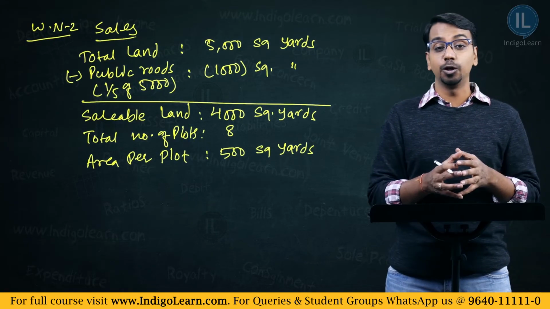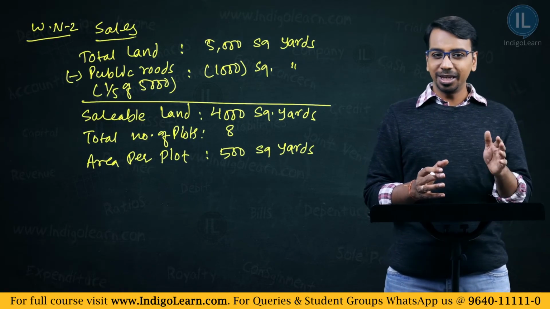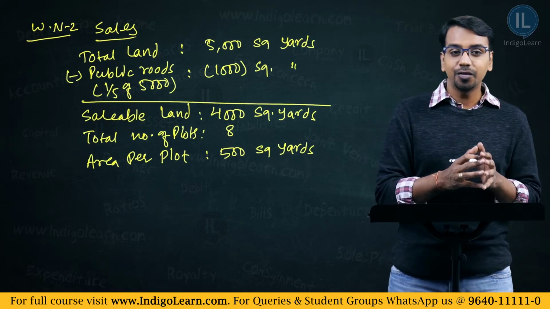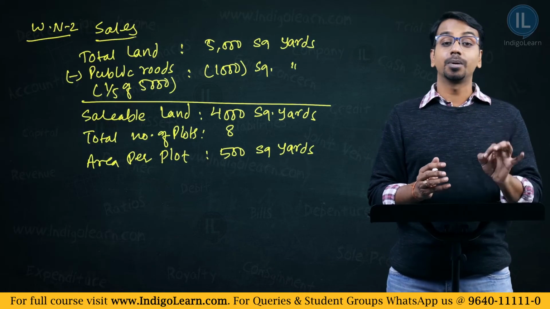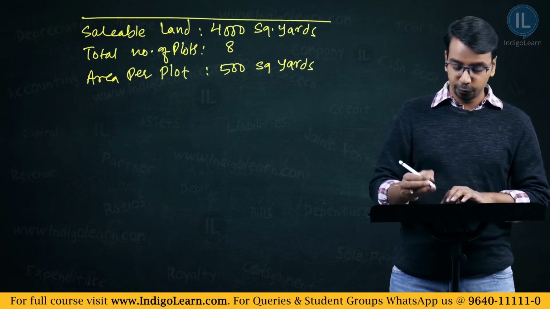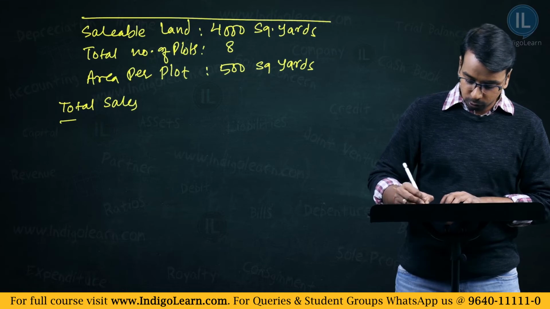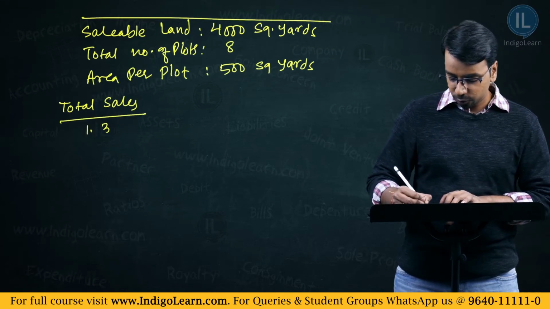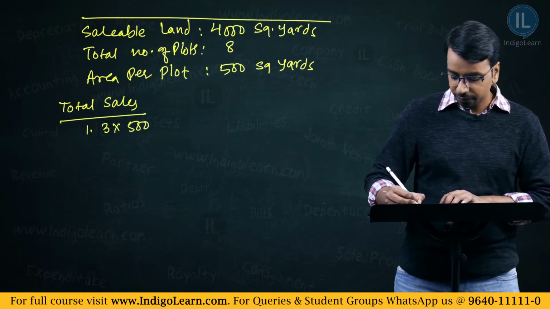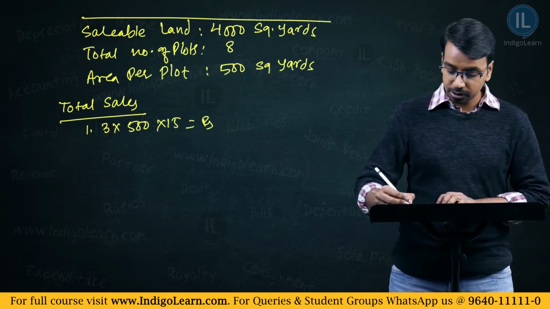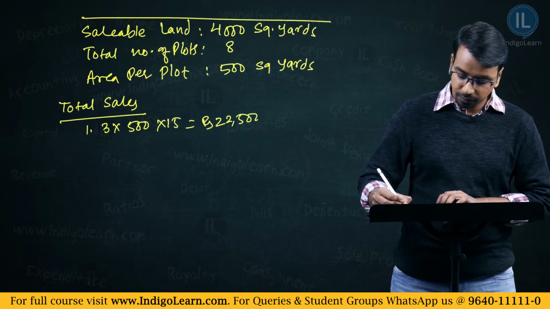Now what is the sale value? The question says 3 were sold at 15 rupees per square yard and 5 were sold at 20 rupees per square yard. So what is the sale value? Total sales, if you have to compute the total sales, first category 3 into 500 into 15, that is equal to rupees 22,500.